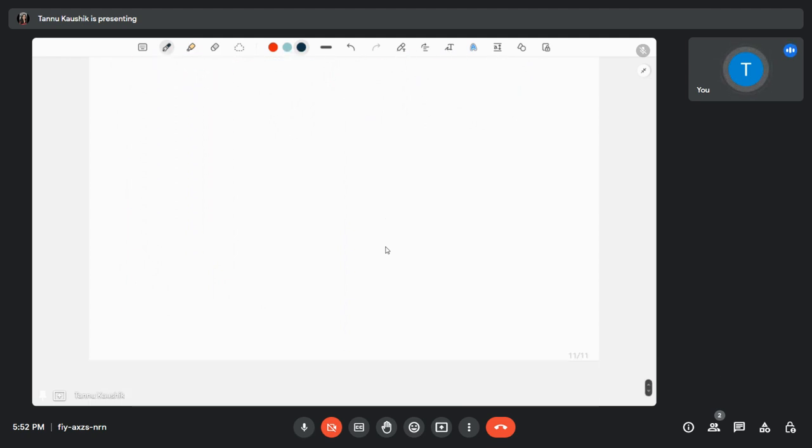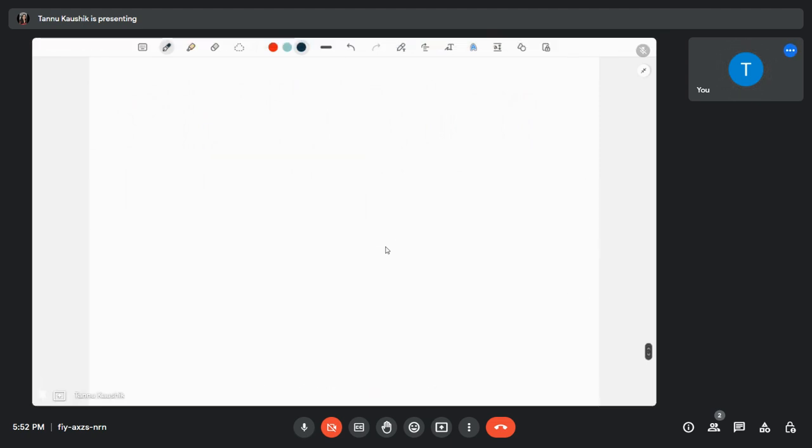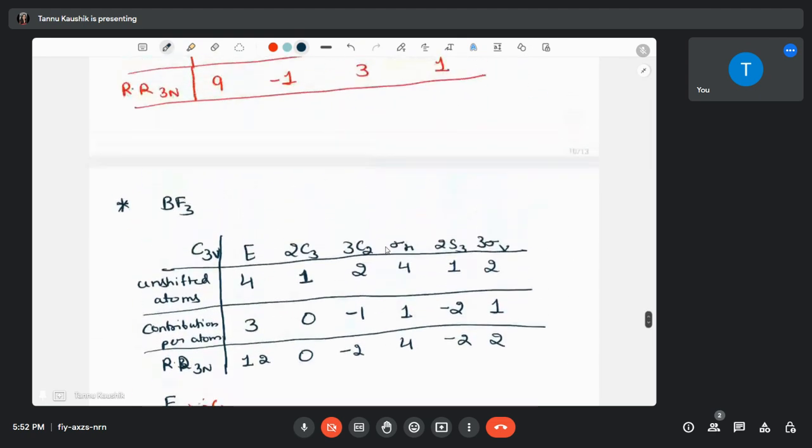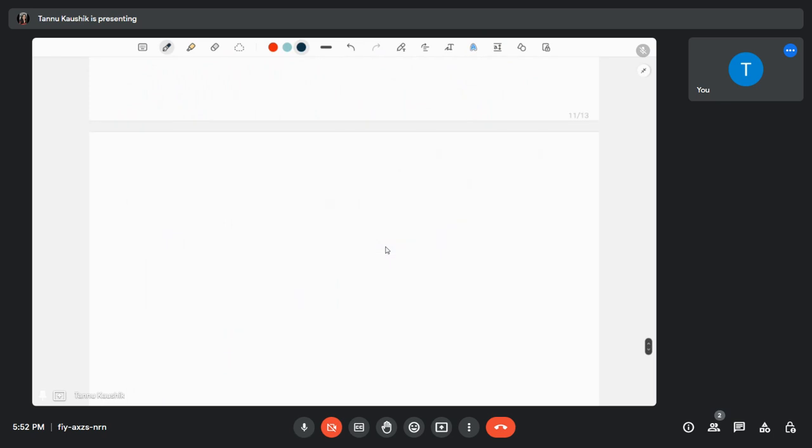So let us take a few more examples where we'll be finding out the reducible representation for each of the basis set. Next is CH4.